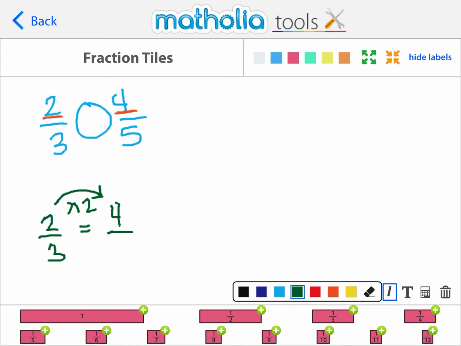After that, we are going to multiply by 2 on the bottom because, again, if you're cutting the numerator into pieces, you're going to cut the denominator in the same exact way. So 3 times 2, and that equals 6. So we're looking at, instead of 2/3 now, we're looking at 4/6.